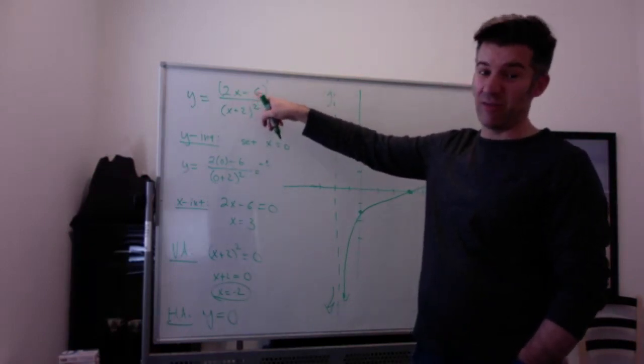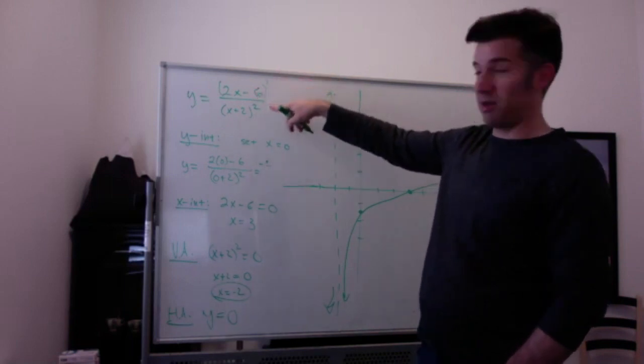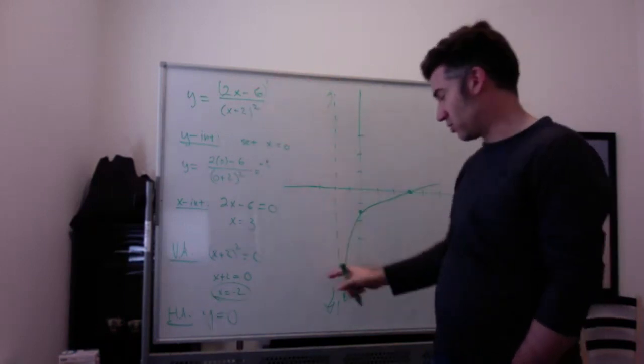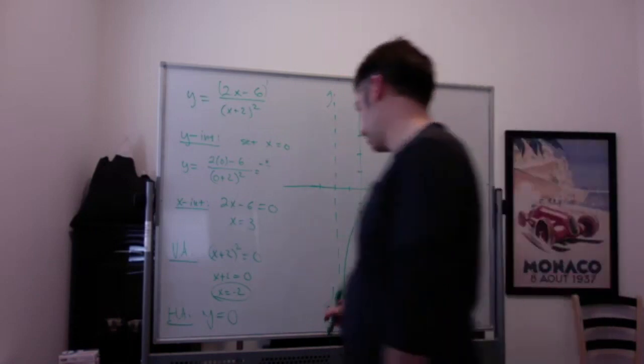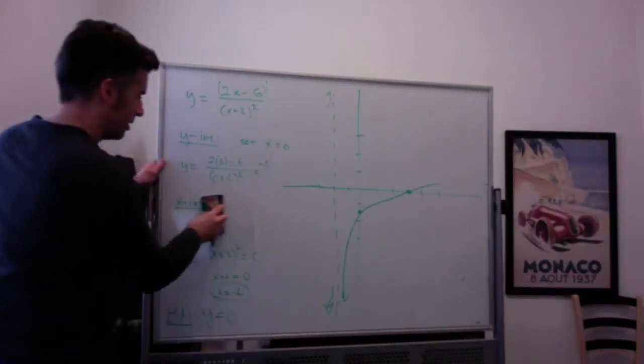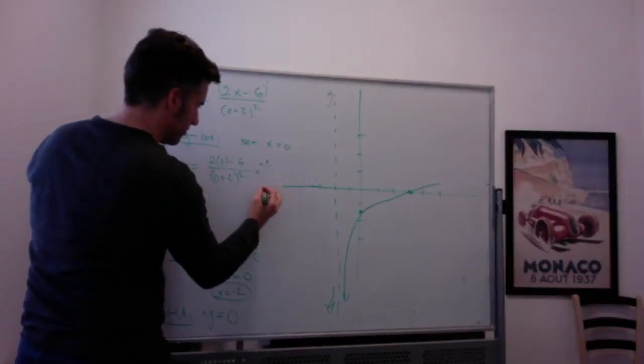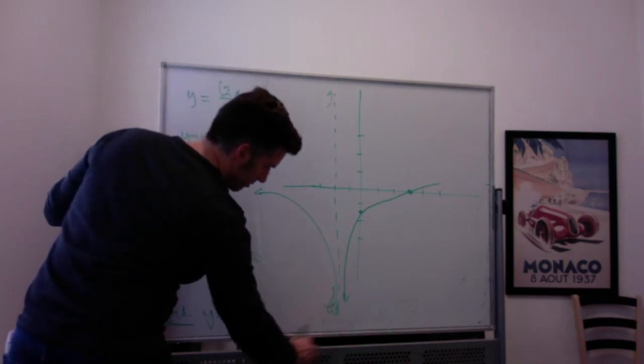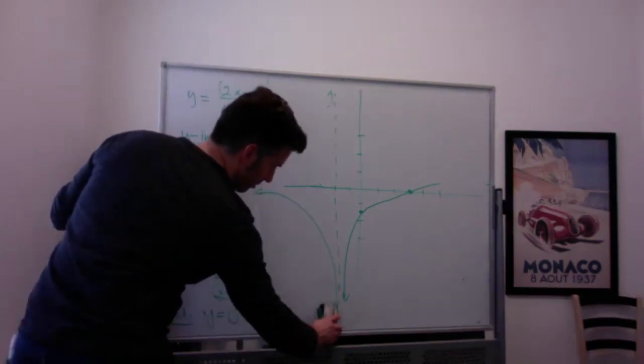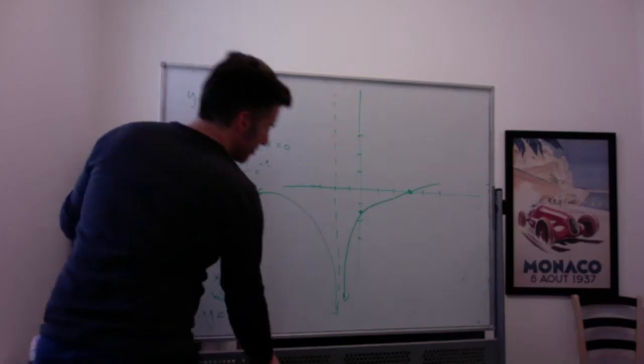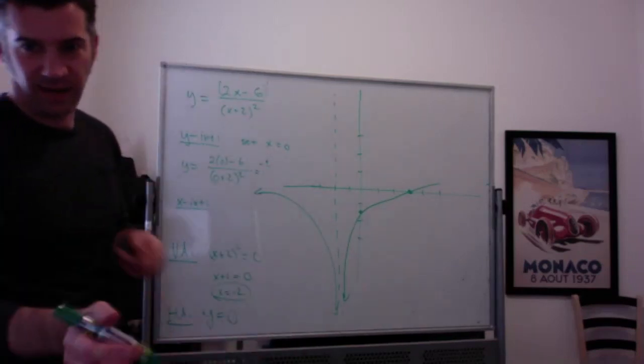Minus 6 is -12. So it's a negative over a positive, which is negative. So it is down here below the x-axis being negative. So it's going to look like this, and not like this.